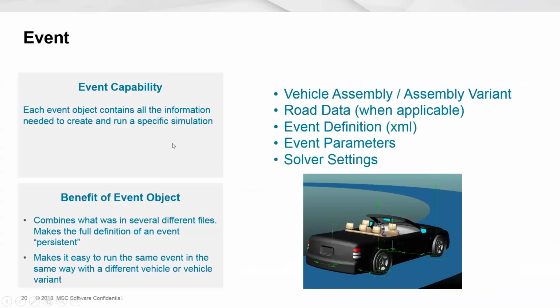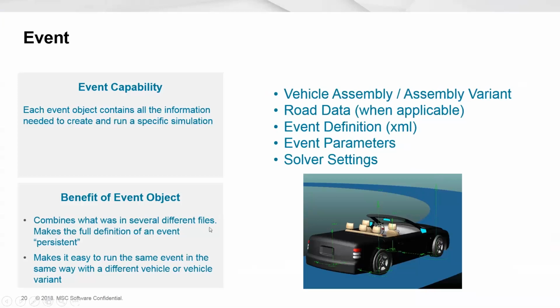So if we look at the event, we've used the term event in the past, and actually with this new capability, the definition of an event is somewhat expanded. So each event now contains all the data that is needed to create and run a specific simulation. That includes what we used to call the event XML definition, but further it includes the road data, the vehicle assembly or assembly variant that is associated with that specific event, the event parameters, and solver settings.